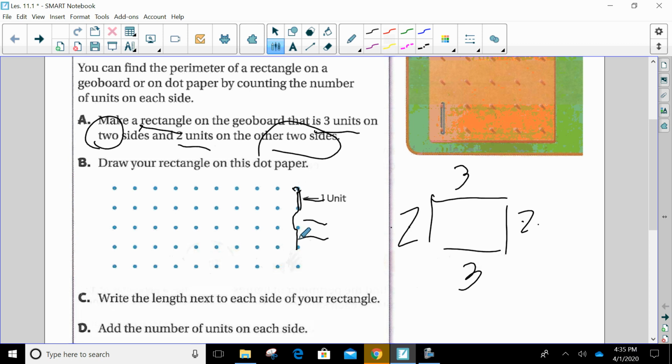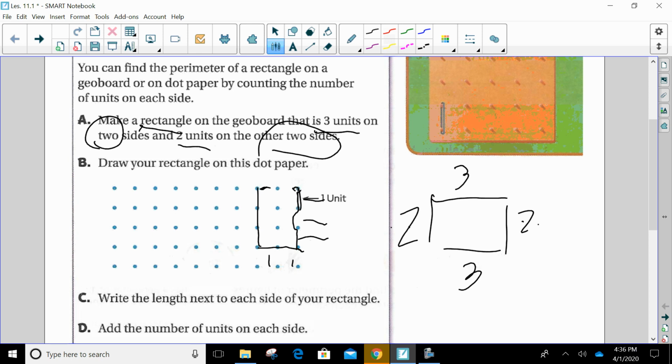So let's do the perpendicular side, okay? So it says 2 units. So I'm going to go 1, 2. You see there's 2 spaces, 1, 2 spaces. Then I can do the congruent, 1, 2, 3. I can do the congruent 3 units.